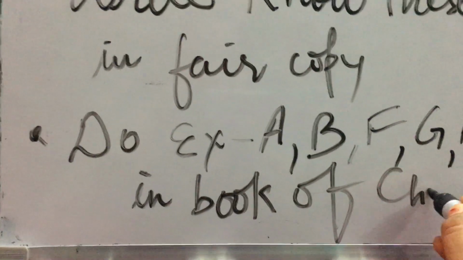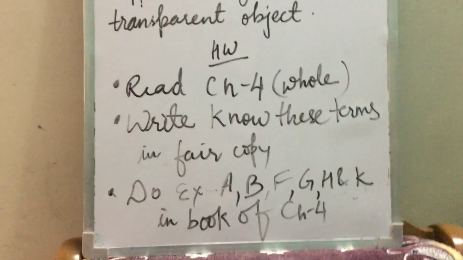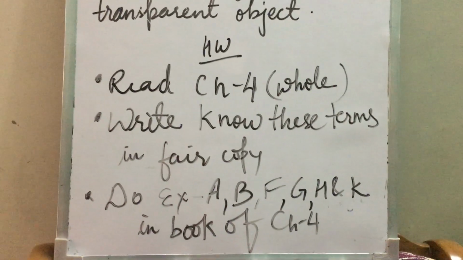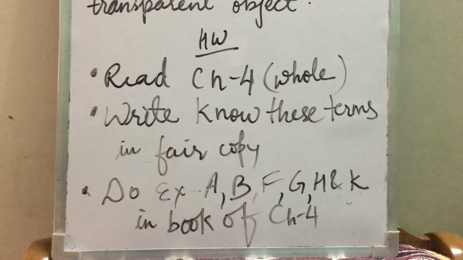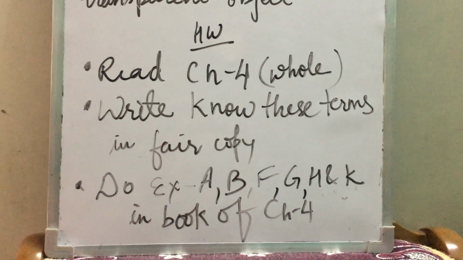This is your homework. Next time I will discuss all these exercises with you, children. I hope that you all will complete the work in your copy as well as your book, children.